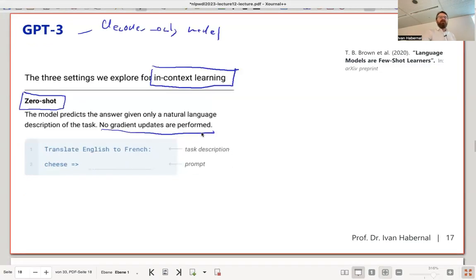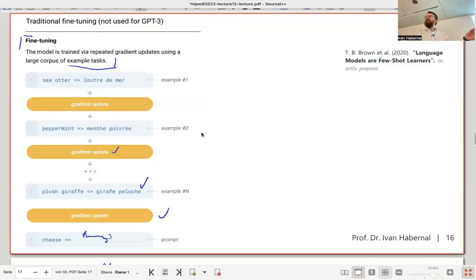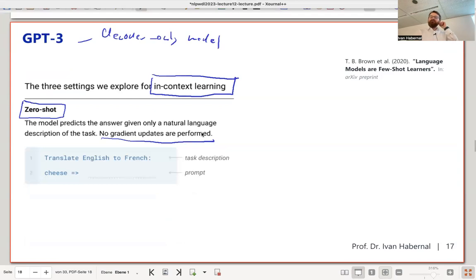So again, we have standard fine-tuning, where you update the parameters of the model using gradient descent for this task. But now the paradigm has shifted to this sort of prompting, in-context learning, where you have your model frozen. For example, there is GPT-3.